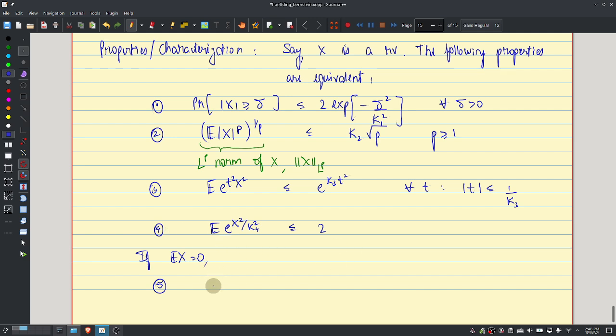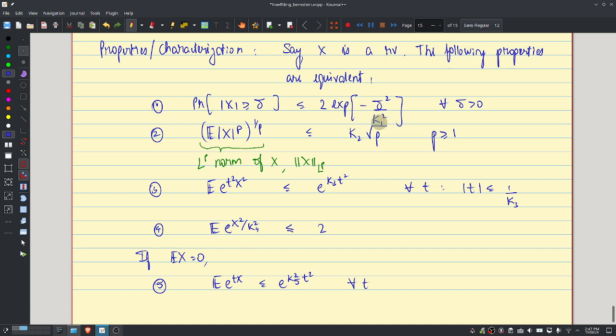So it is basically the moment generating function, expected value of e to the t x, is less than or equal to e to the k5 square t square. This is less than or equal to 2. There is some k5.